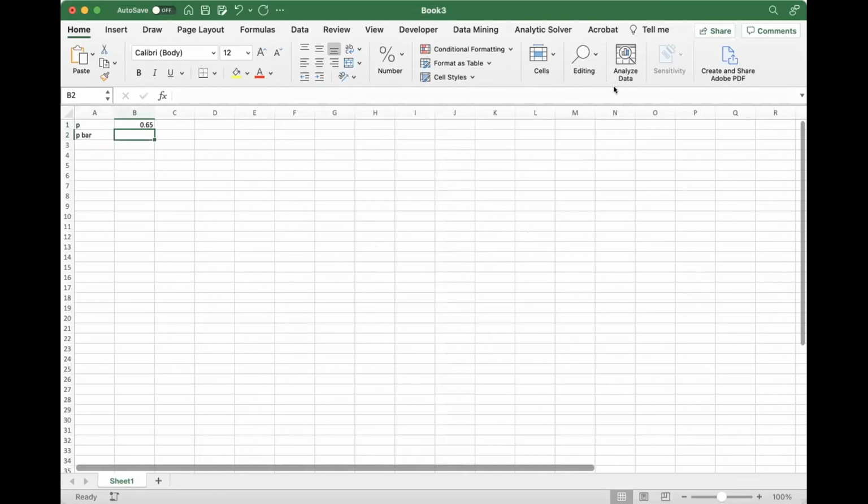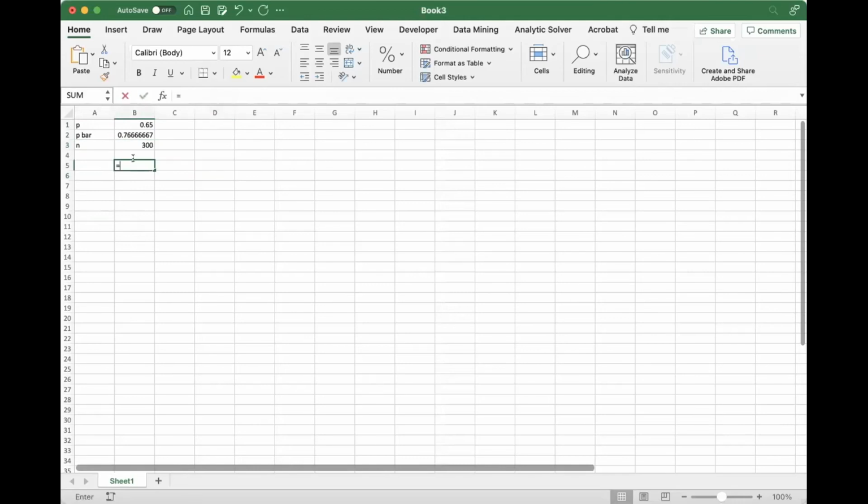Our p-bar we said is 230 divided by 300. So that's our p-bar value. The other part of the formula asks for our n. So what is our n? Our n is going to be 300. Okay, so let's do n here, and we have 300. Now we can get our standard error.